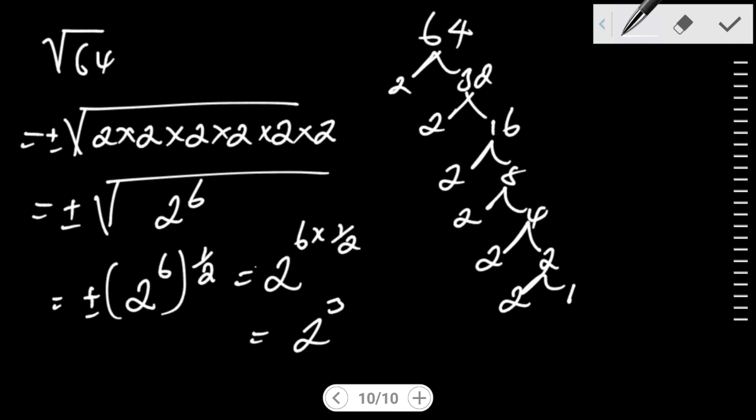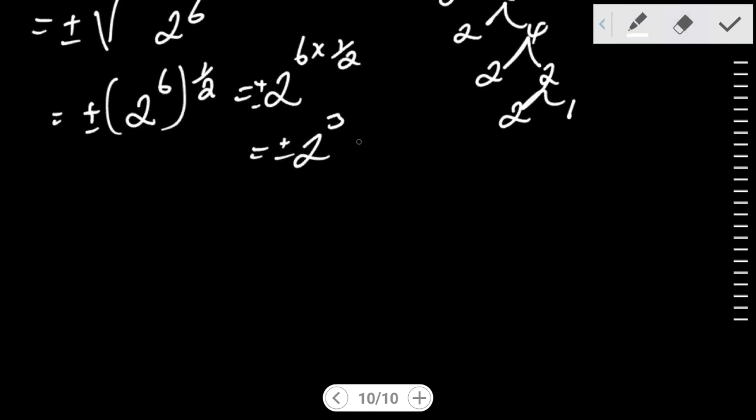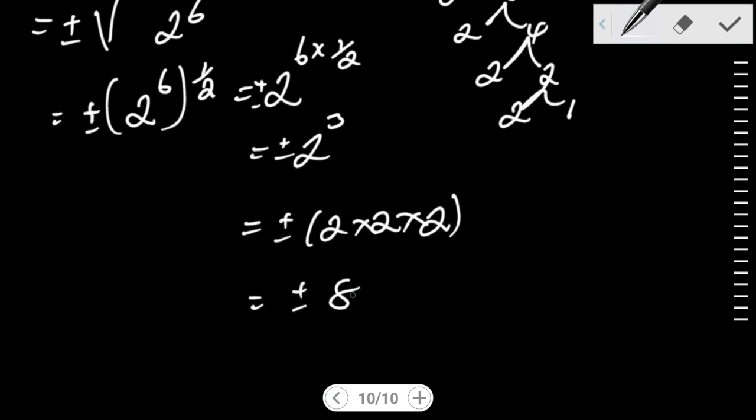But this is positive or minus. Therefore, this would give us positive or minus 2 times 2 times 2. Therefore, this would be equals to positive or minus 8. Therefore, this is the square root of 64.